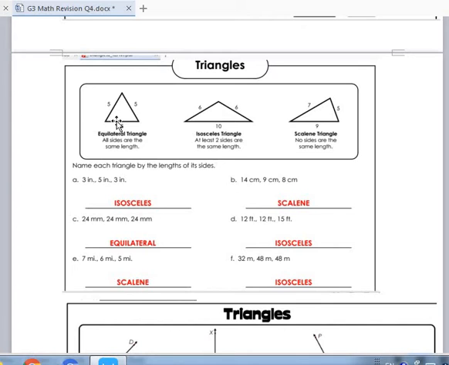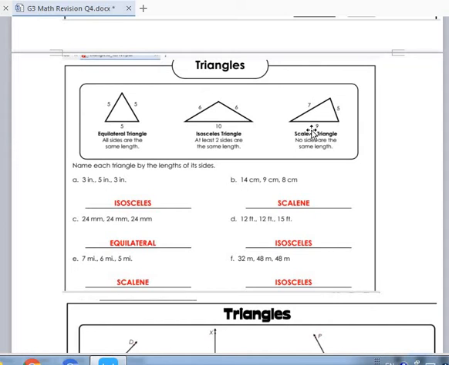Yes, equilateral. When I have 2 sides equal in length, it's called what? Isosceles triangle.